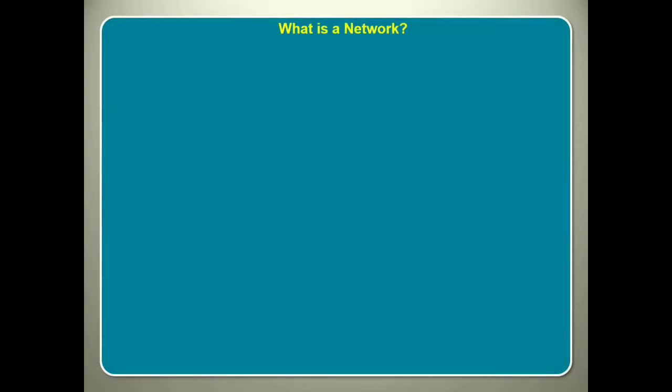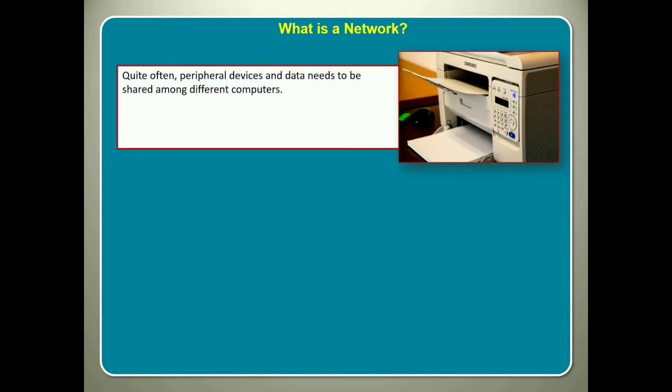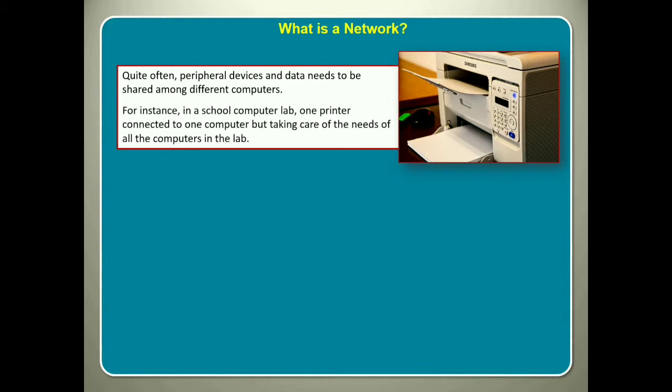Let us first understand what a network is. Quite often, we need to share peripheral devices and data among different computers. For instance, you must have seen in your school computer lab one printer connected to one computer, but taking care of the needs of all the computers in the lab.